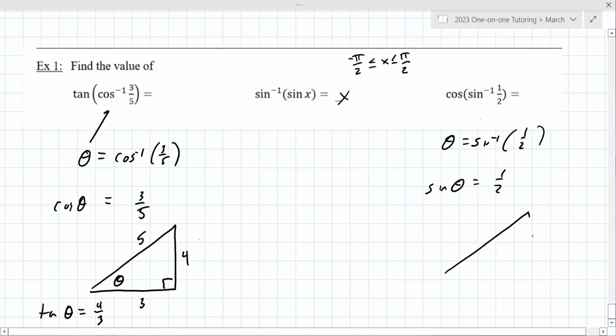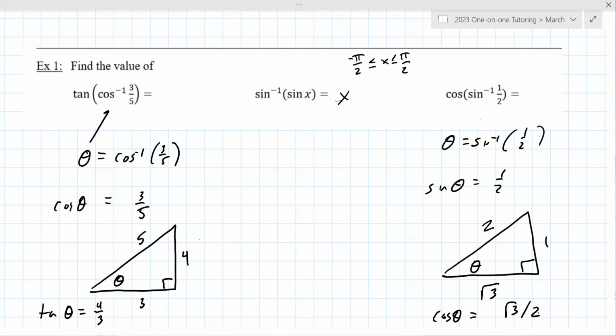So you draw another triangle. 1 over 2, and then this is the square root of 3. So your cosine of theta is the adjacent over the hypotenuse. So that's it. That is it.